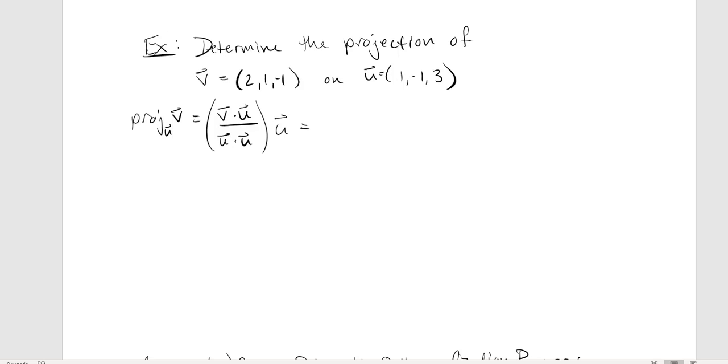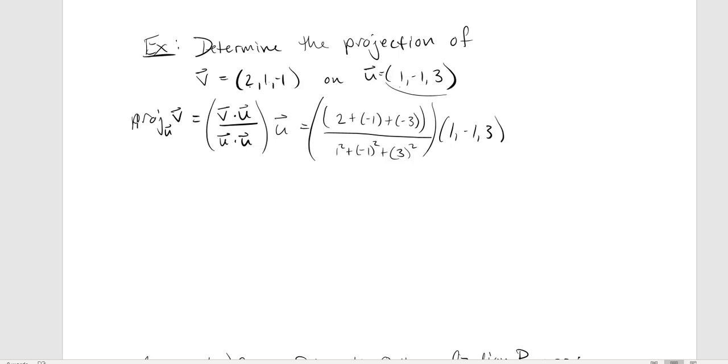V dot u, that's pretty easy in the numerator. 2 times 1, 1 times negative 1, negative 1 times 3. That's the dot product. U dot u is 1 squared plus negative 1 squared plus 3 squared. Just multiplying this guy with itself, dotting it with itself. And this is all multiplying on vector u.